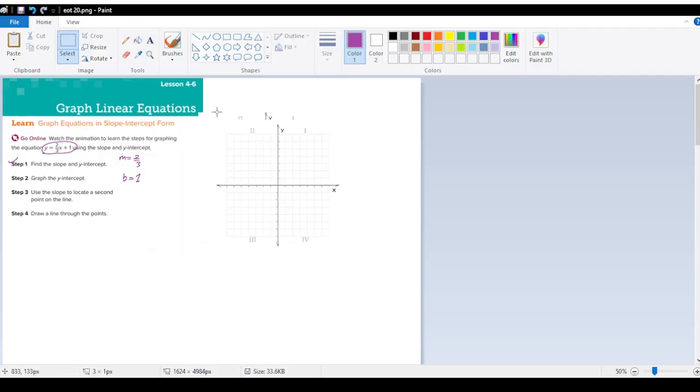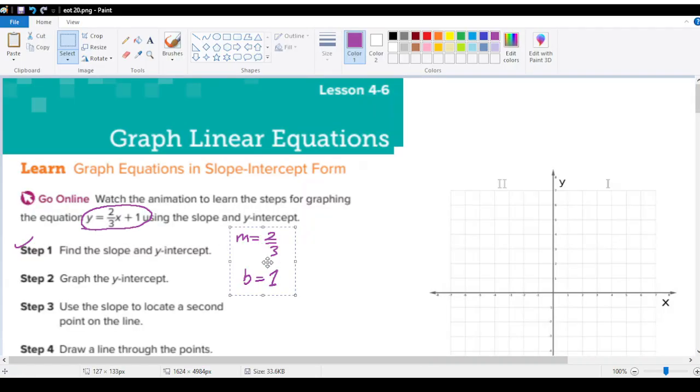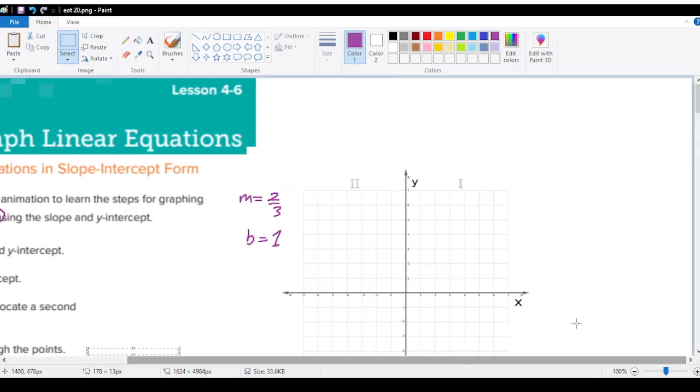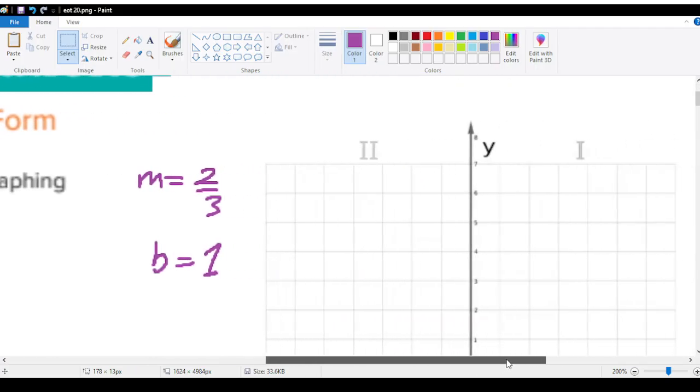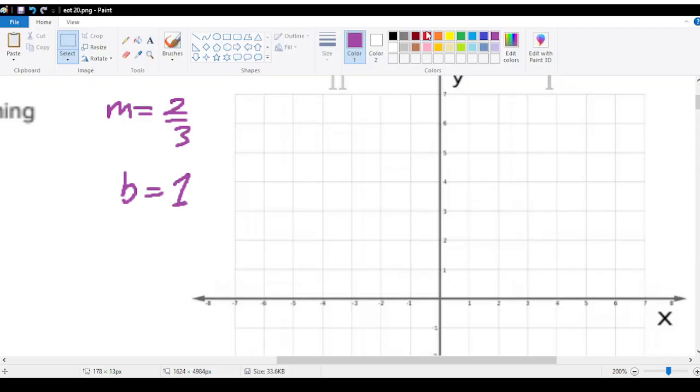Okay. Now, first of all, we find the slope and we find the y-intercept. Now we will copy these and apply them. What I mean by that, where is the y-intercept one? Is it here or there?